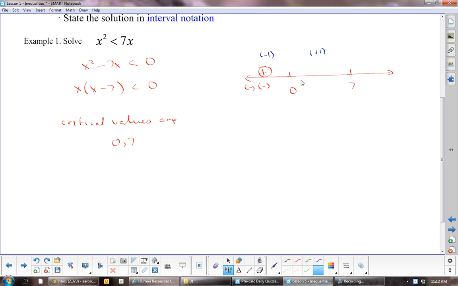So that is a positive times a negative, which equals a negative. Okay, something greater than 7, 8. So a positive times a positive is a positive.